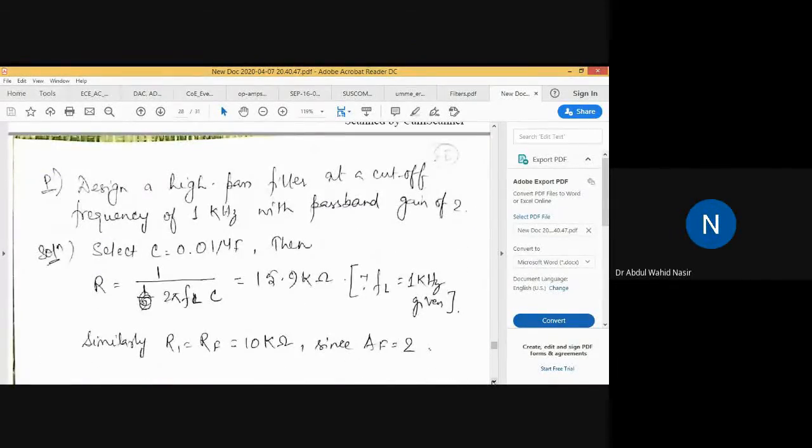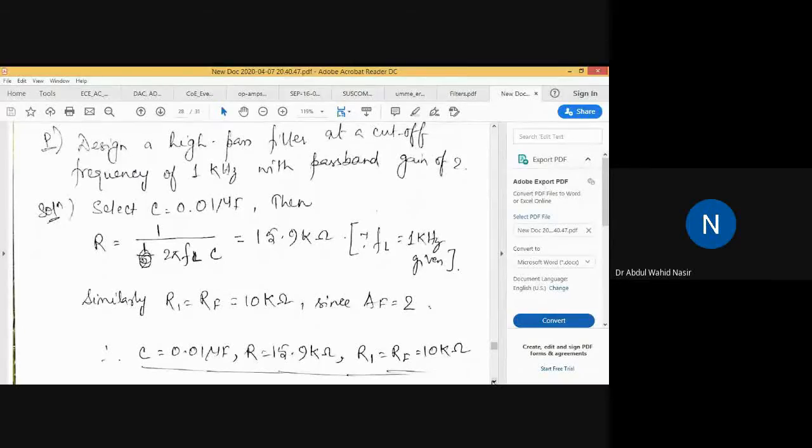This is the example. Design a high pass filter at a cut-off frequency of 1 kilohertz with pass band gain of 2. What steps did we follow for the design of a low pass filter? As I told you, the design procedure for both the low pass and high pass will be the same. So we have to select C such that it should be less than or equal to 1 microfarad.